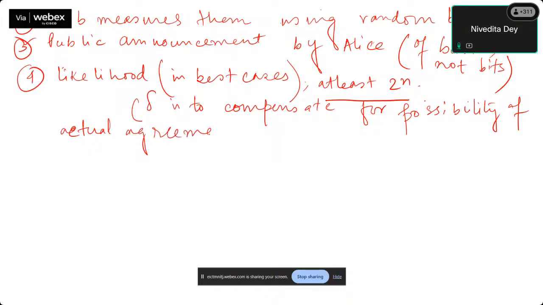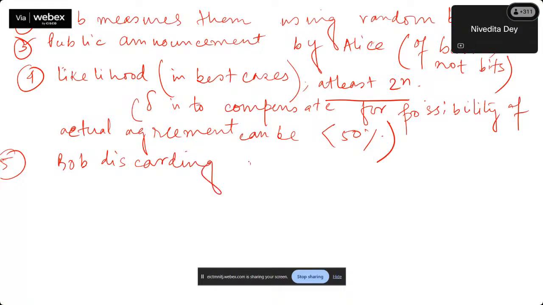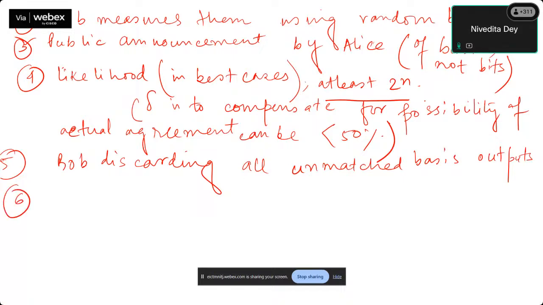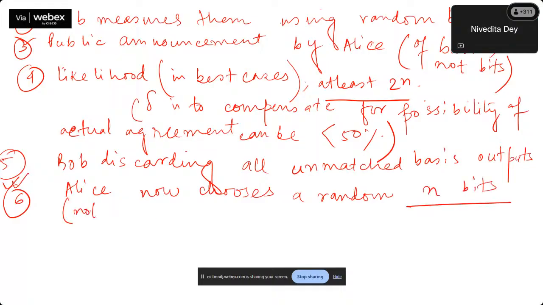We rely a lot on probability here. Agreement can be maybe less than 50%. Then Bob discards all unmatched basis outputs, right? Now Alice chooses a random n bits. This is very important: Alice now chooses a random n bits. They're not necessarily consecutive.